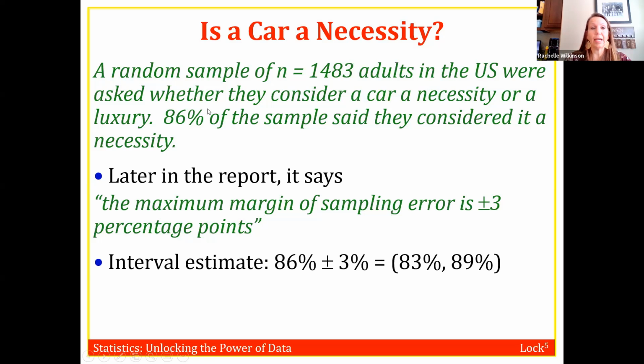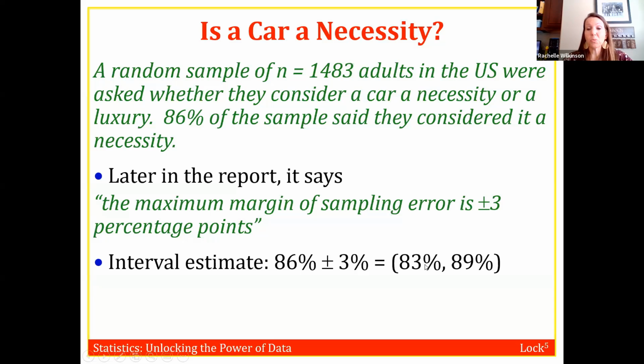We take that 86%, and add and subtract the 3%. So 86 minus 3 is 83, 86 plus 3 is 89, and we typically write the lower and upper bounds of our confidence interval in parentheses: lower bound, comma, upper bound.